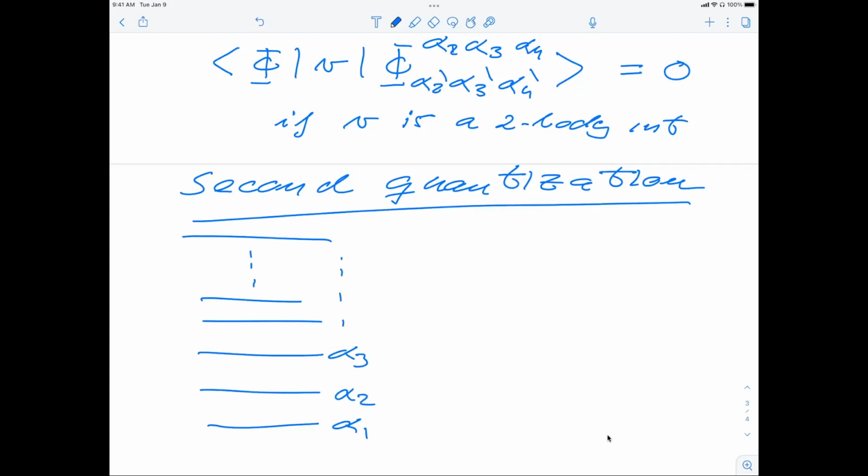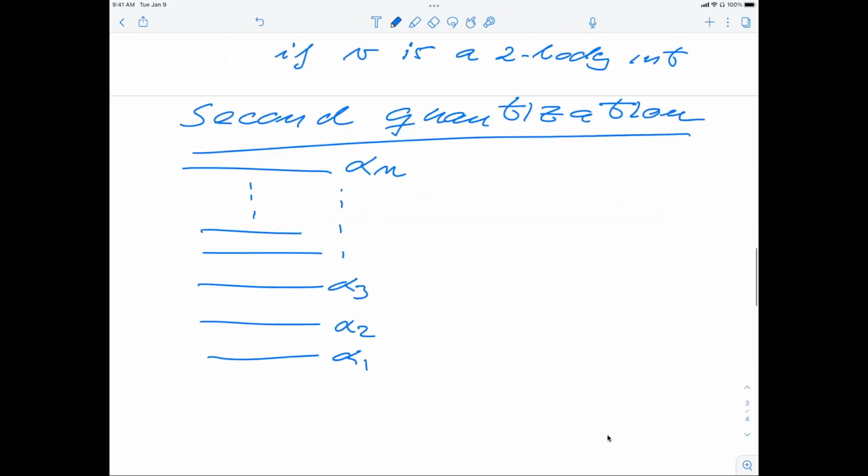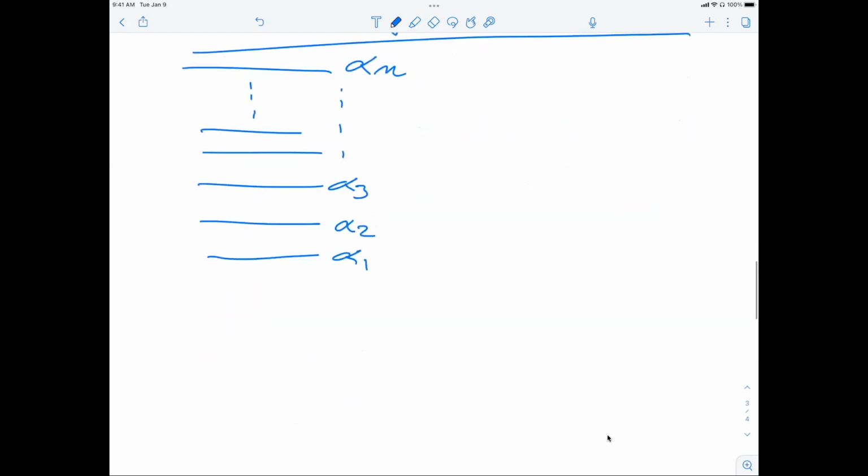We can also define states which are filled up to a certain level, and that would define what's normally called the Fermi level. But we could now say that we have a certain limit here, and that limit could be an alpha of n. So that's the final single particle state which we have. Now these can be translated into boxes, so you could think of having a box here which now points to quantum numbers.